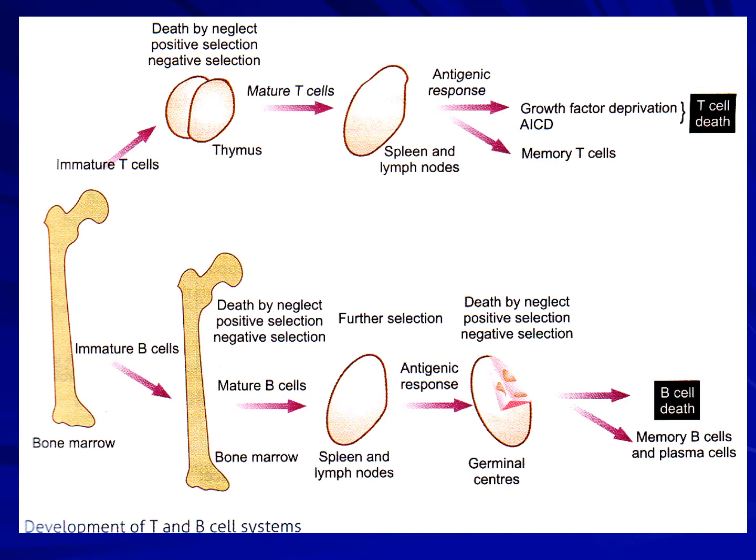Once there are these mature cells, again there is some antigenic response, that is they come into contact with an antigen, and based on their specific function, there is either the production of memory T cells or T cell death. And this death of B cell or T cell is mainly when the desired function of that cell is not acquired. That is, if they are not able to do the function which they are supposed to do, then there is apoptosis of the cells and the body kills those cells.